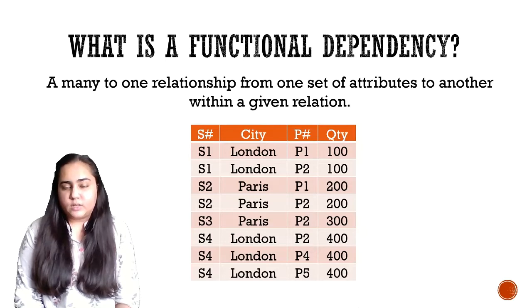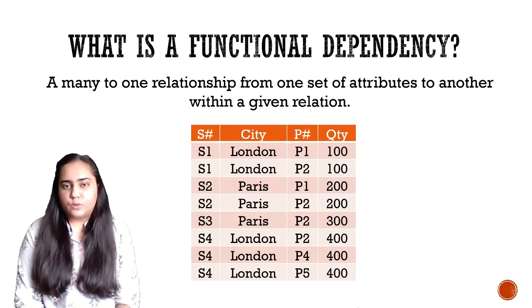P hash is the part number that the supplier is selling. And quantity is the amount or the number of parts of that type sold by the supplier. So you'll notice here that there are several suppliers, S1, 2, 3, and 4, based in different cities and selling different types of parts and different quantities of those parts.